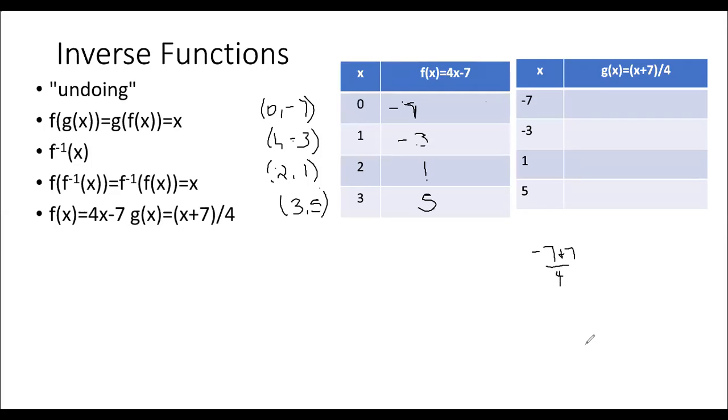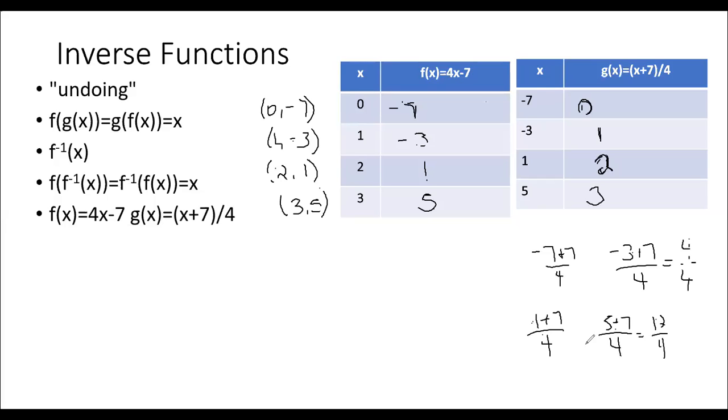Well, -7 plus 7 is 0, and 0 divided by 4 is 0. -3 plus 7 divided by 4. -3 plus 7 is 4 divided by 4, and that's equal to 1. 1 plus 7 divided by 4. Well, 1 plus 7 is 8, divided by 4 is 2. And 5 plus 7 divided by 4 is 12 divided by 4, or 3.